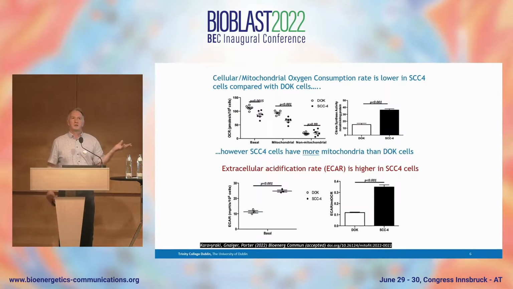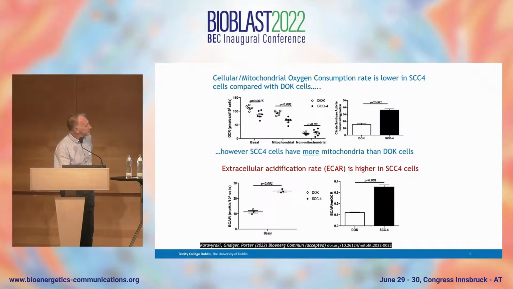When we compared and contrasted the bioenergetics, we saw this. These are data from a Seahorse. The top shows basal oxygen consumption rates in either DOC cells, the open circle, or the squamous cancer cells, the black.